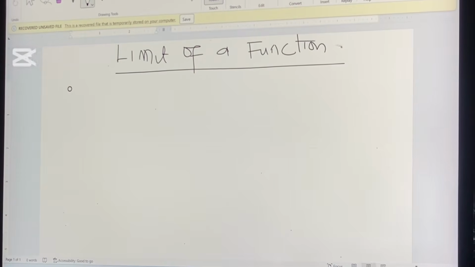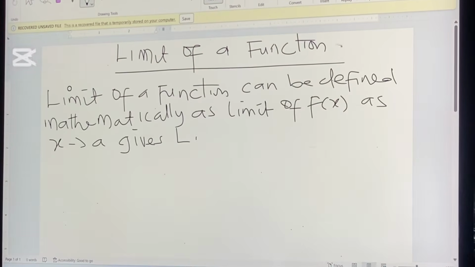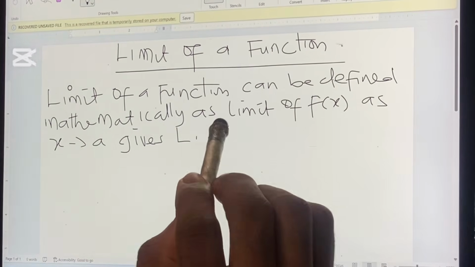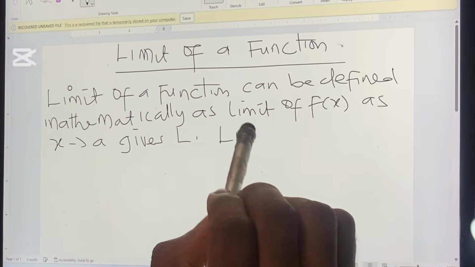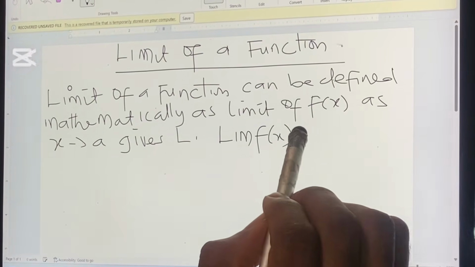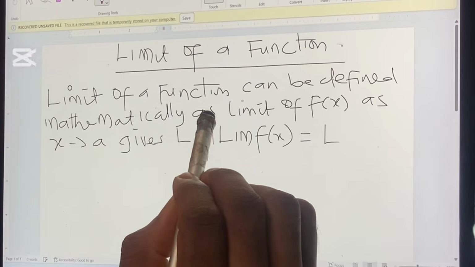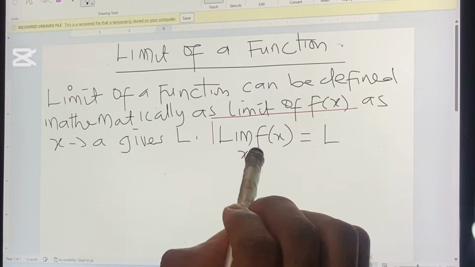Please write. Limit of a function can be defined mathematically as limit of f of s as s tends to a gives L. It can be written as limit of f of s is equal to L as the value of s tends to a.